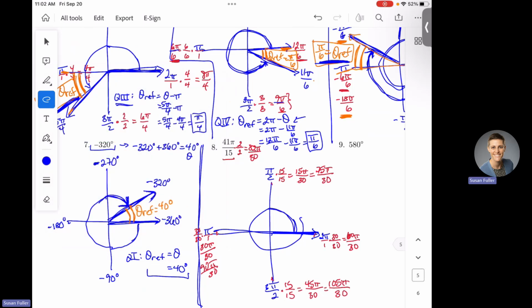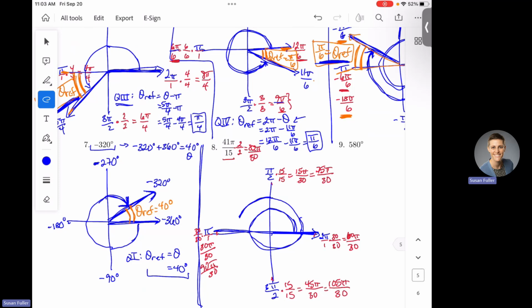Okay, let's see. So I went all the way around the circle and I was at 60 pi, and I have to go to 82 pi over 30. So let's keep going. We're up here at 75. And if I rotated all the way over here, I would be at 90, but that's too many. I only have to go to 82. So I'm going to go most of the way. Again, this doesn't have to be perfect. I'm looking for a ballpark between 75 and 90.